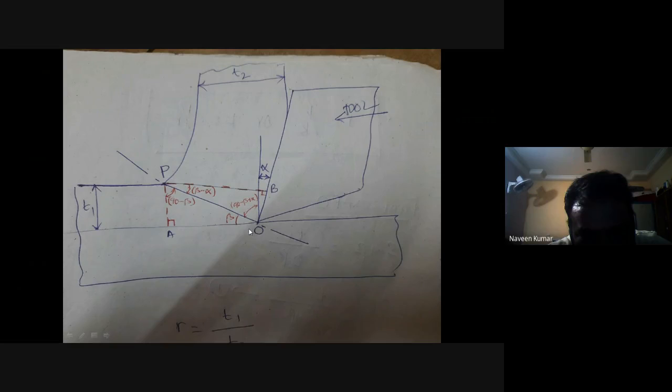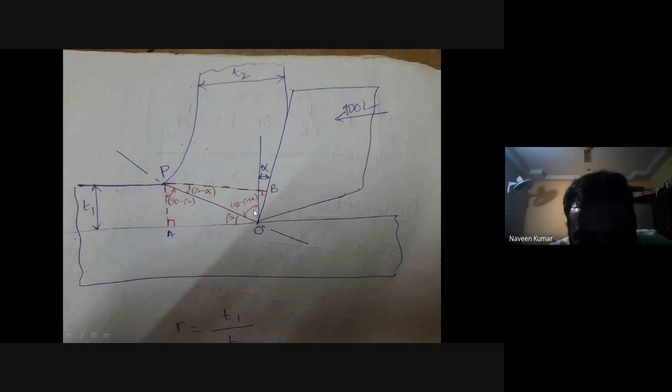Now look at this right angle triangle. What is this inclination? This is vertical, we know, and this is alpha. Sorry, this is 90 degrees.